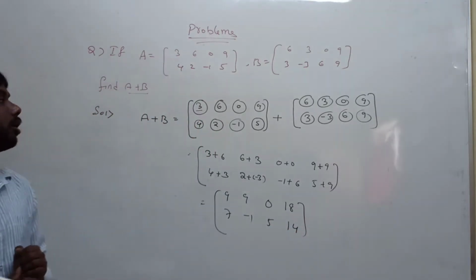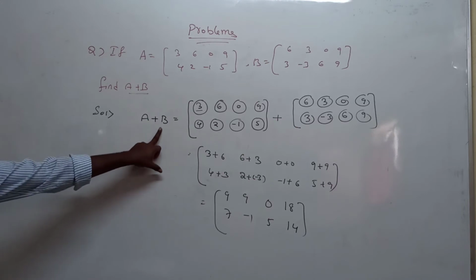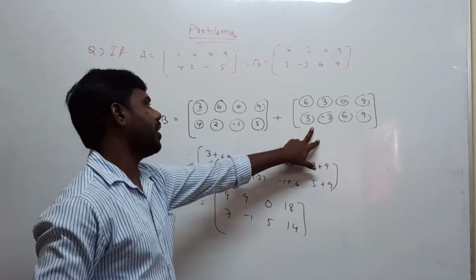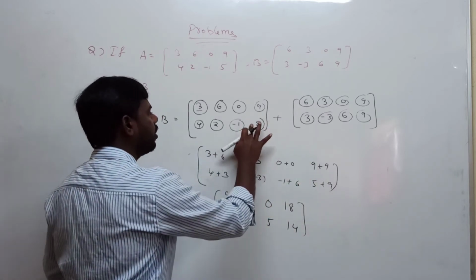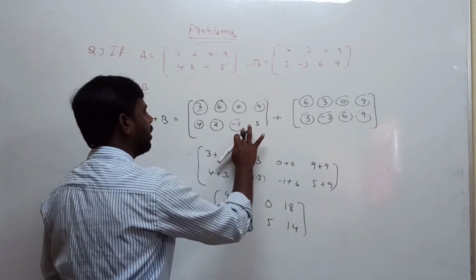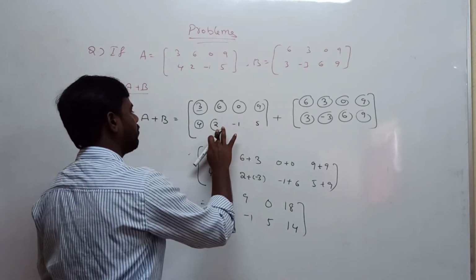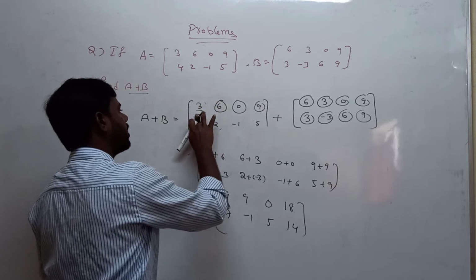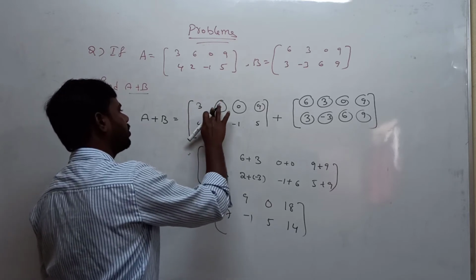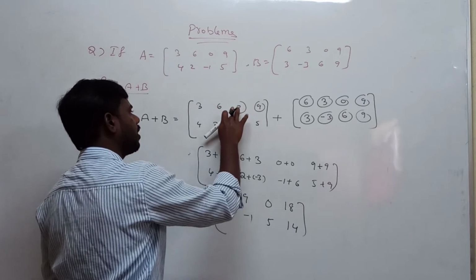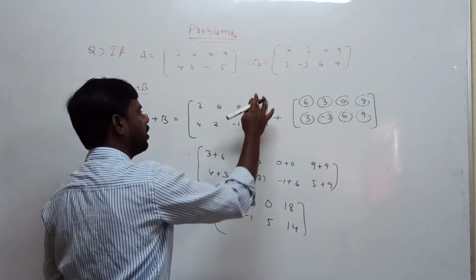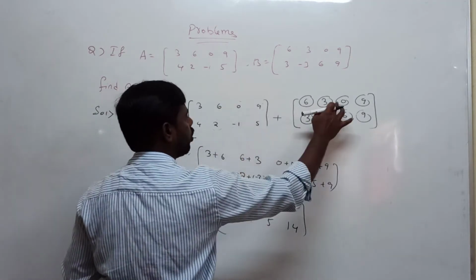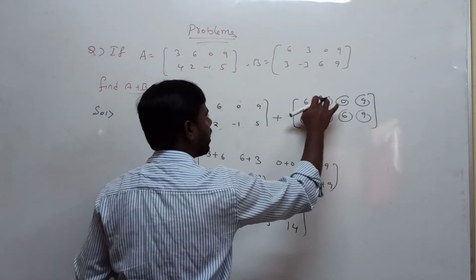So to find the sum of the two matrices, A plus B, you write the A matrix plus the B matrix substituted. After that we add the corresponding elements: first place plus first place, second element plus second element, third place plus third element, fourth place plus fourth element. 3 plus 6 is 9, 6 plus 3 is 9, 0 plus 0 is 0, 9 plus 9 is 18.